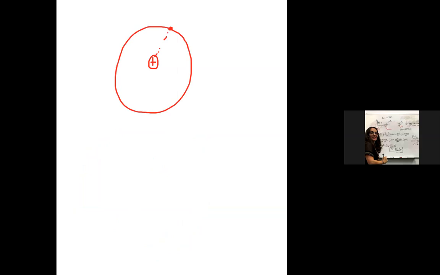The electric field points out this way, and for this little element, the dA also points that way. Likewise, if I come over here to this point, the electric field would point out this way, and the little element of dA would point this way. And I could really ask, at any radial distance r, what is the electric field there?